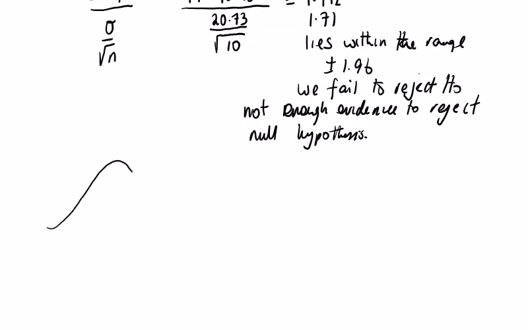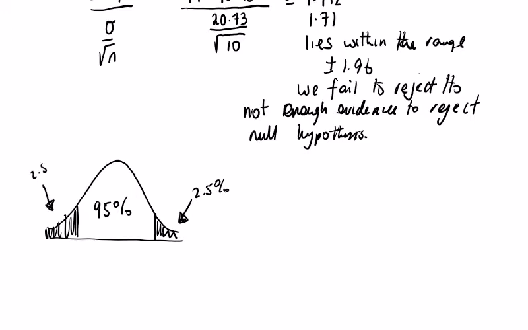So we look at our 95% confidence interval. That would mean in the tails here, there's 2.5% in there, and there's 2.5% in there. So for us to reject the null hypothesis, we would have to get a value that falls in here or in here.